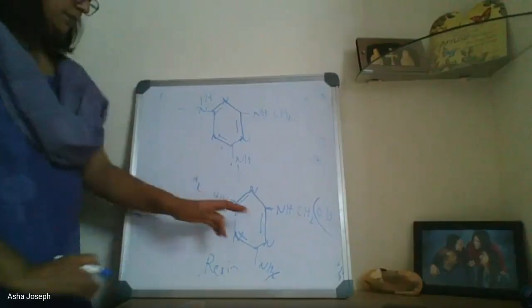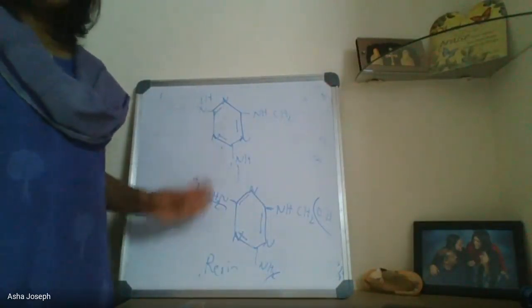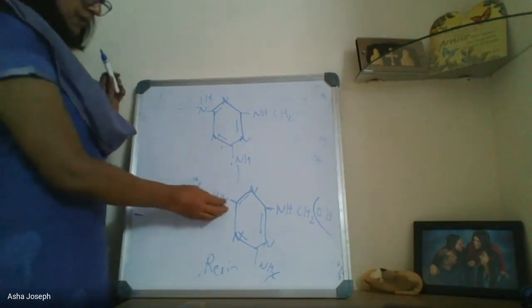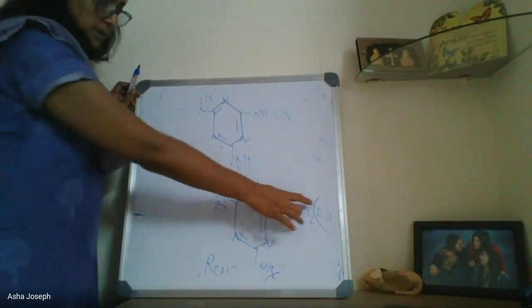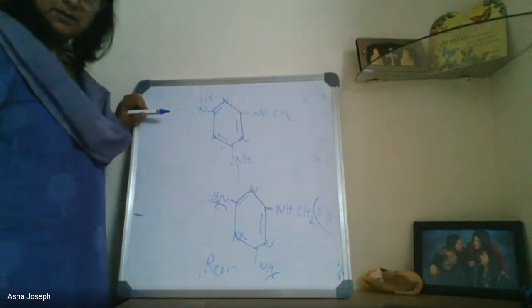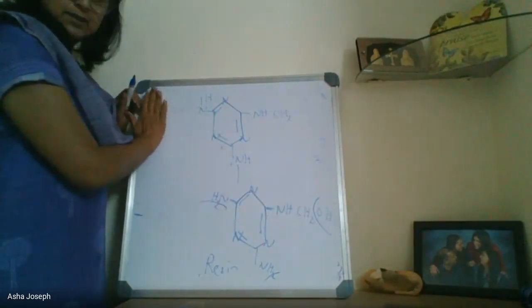Ma'am, could you explain this concept? Here, this is the intermediate resin. The polymer, the changes you should know, isn't it? Water elimination will happen. Here, this side, another resin will come and it's CH2OH there. This and OH, water will be eliminated. So wherever NH2, I will put NH because here another resin will come.